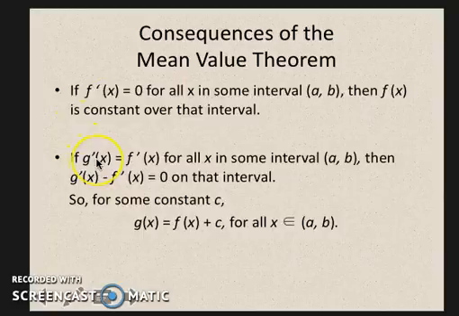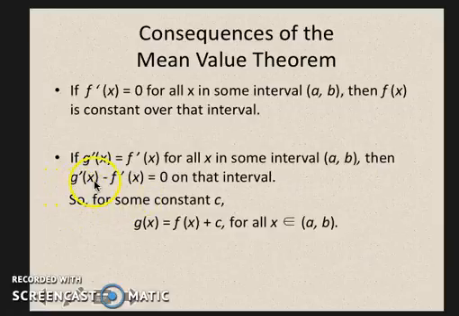Now if the derivative of g(x) equals the derivative of f(x) for all x in some interval AB, then the functions differ only by some constant. So g'(x) minus f'(x) equals 0, the difference of the derivatives is 0 on that interval.